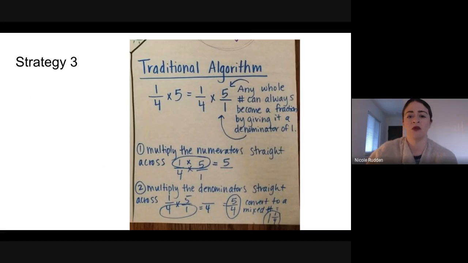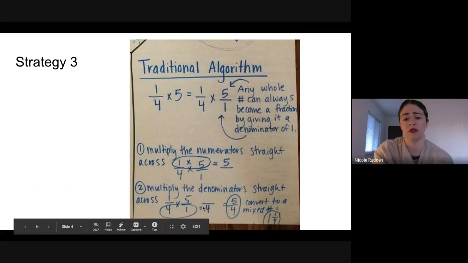Then you can just multiply straight across. So 1 times 5 is 5 and 4 times 1 is 4. You just multiply the numerators and multiply the denominators.